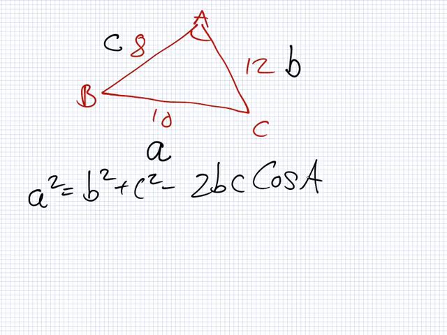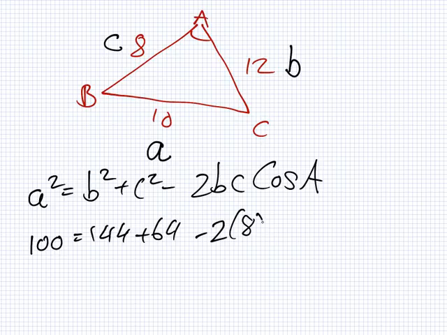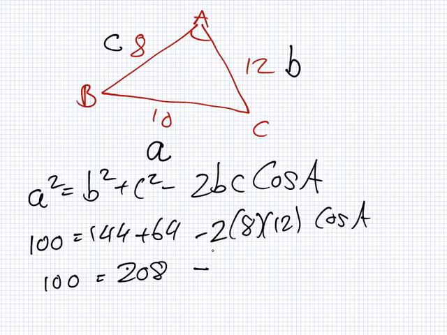Yes, you do remember. So 100 equals 144 plus 64 minus twice 8 times 12, times cos A. So let's see, that's 100 equals 208 minus 16 times 12, so whatever that is. 192, is it?